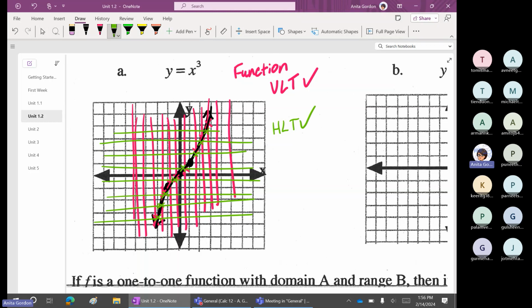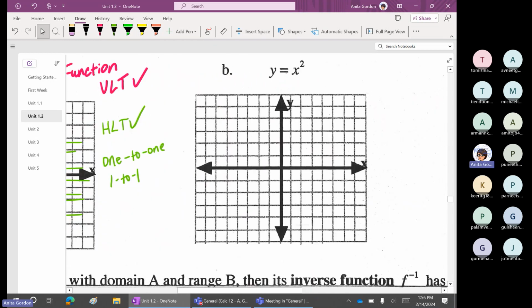So if it passes the vertical test and it passes the horizontal test, then you have a one-to-one function. So x cubed is a one-to-one function.